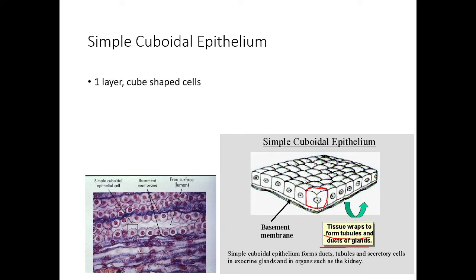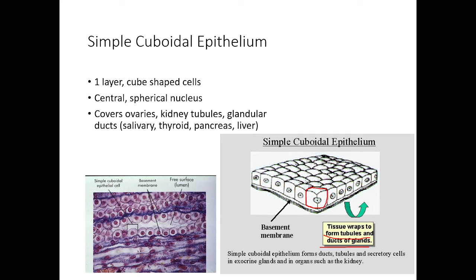What are the characteristics? A thin layer of cube-shaped cells, with a central and spherical nucleus in between them. Where are they present? They are present in ovaries, kidney tubules, and glandular ducts, like in the salivary glands, thyroid, pancreas, and liver.